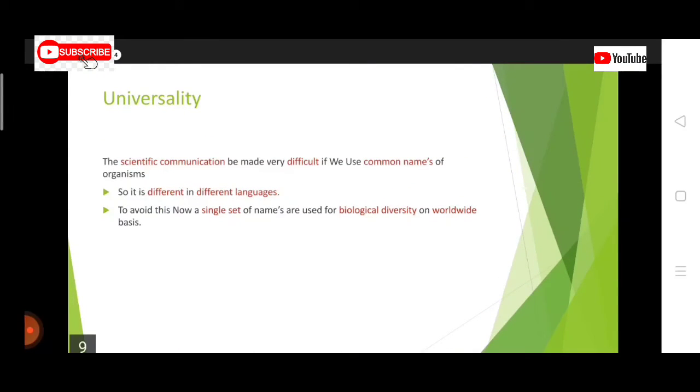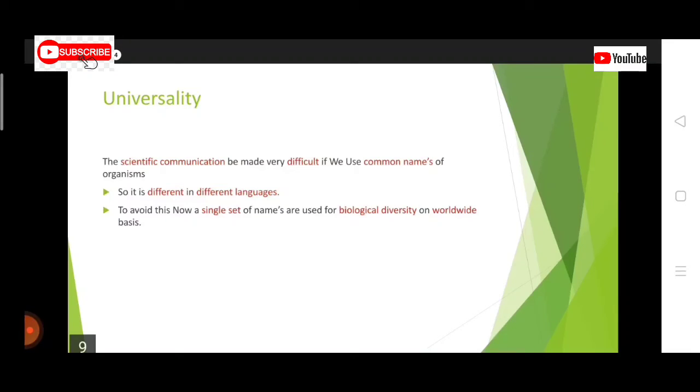Scientific communication can be made very difficult if we use common names of organisms, because in different areas and different languages we use different names for the same organism. So we cannot identify the same organism because there is more than one name for one organism. It will be difficult to understand and identify these organisms.